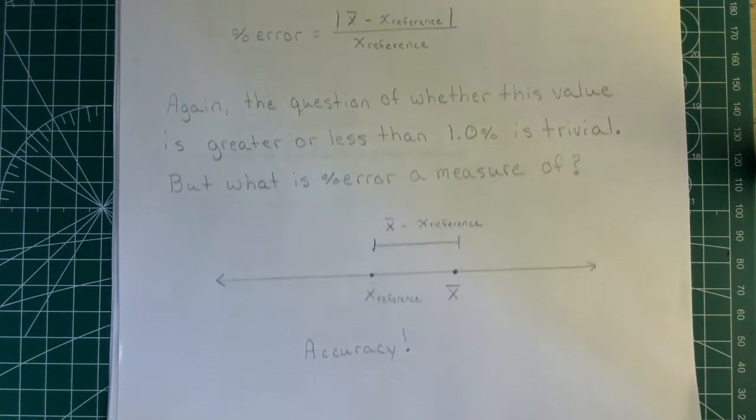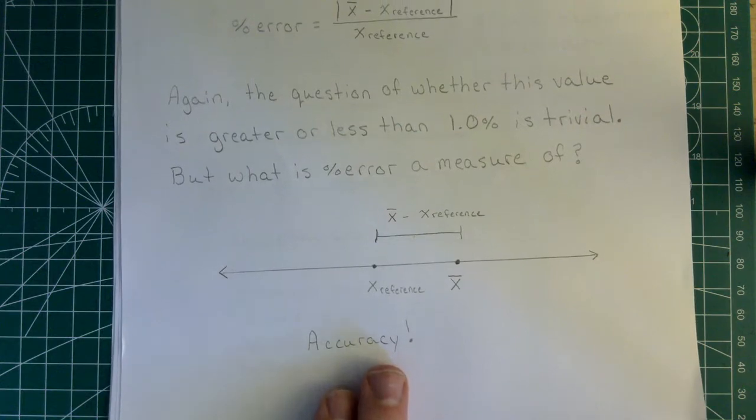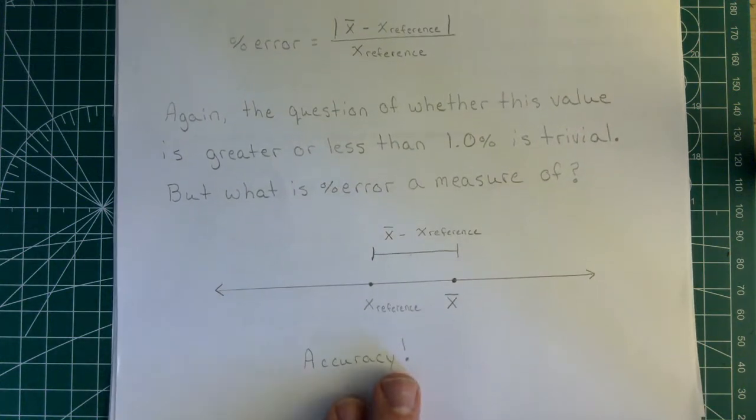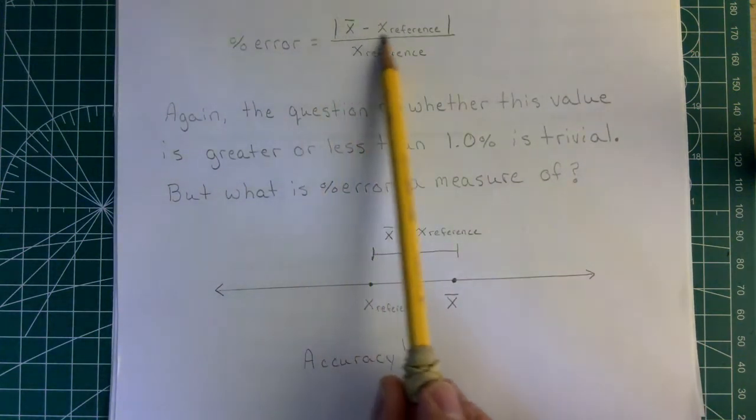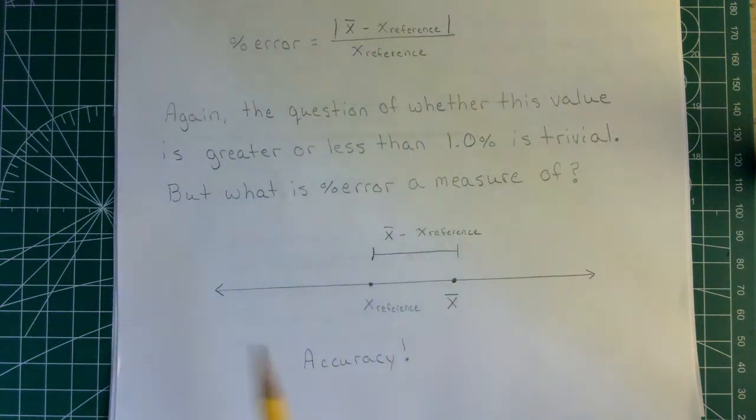So if we think about just the numerator of our percent error calculation, it's going to be the difference, the distance between our average value, the central tendency of all of our measurements, to the true value that it should have been.